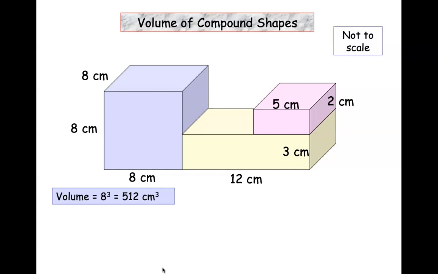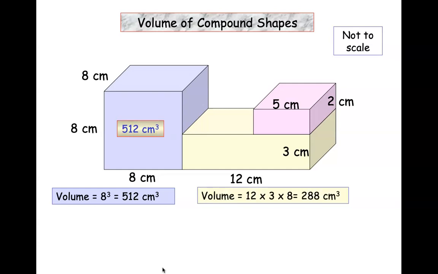The first volume, of the Smurf blue cuboid, is going to be 8 times 8 times 8, which is 512 centimeters cubed. Okay, so here the volume of the yellow cuboid, the length is 12, the height is 3, but we needed to recognize that the width is 8.